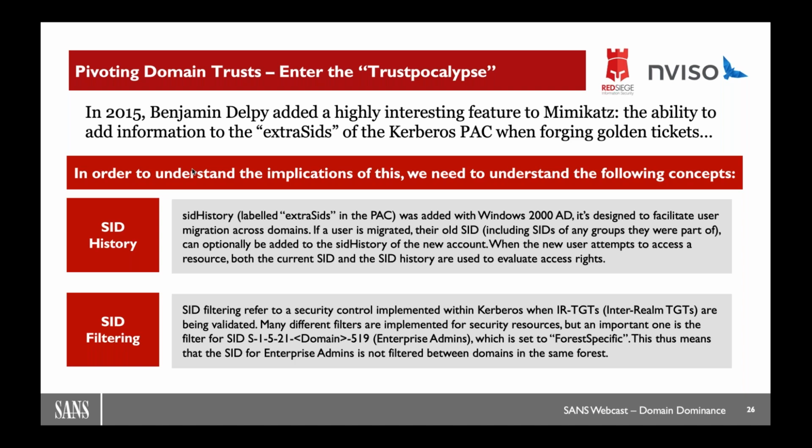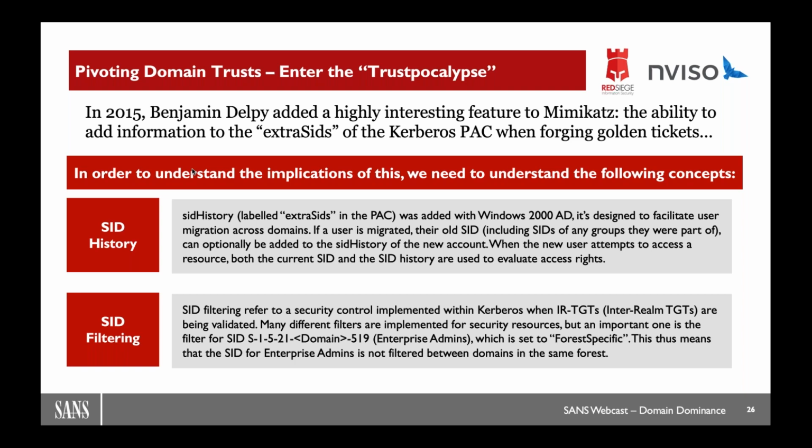You can already guess where this is going, because inside those extra SIDs, you can add your own. If you're writing a golden ticket, you're writing your own PAC, you're writing everything yourself. So you could also write your own value into the extra SIDs. So what we would do here is we would write, for example, 519.